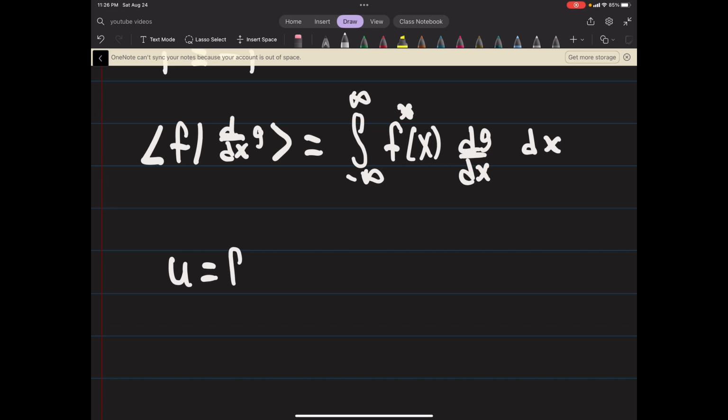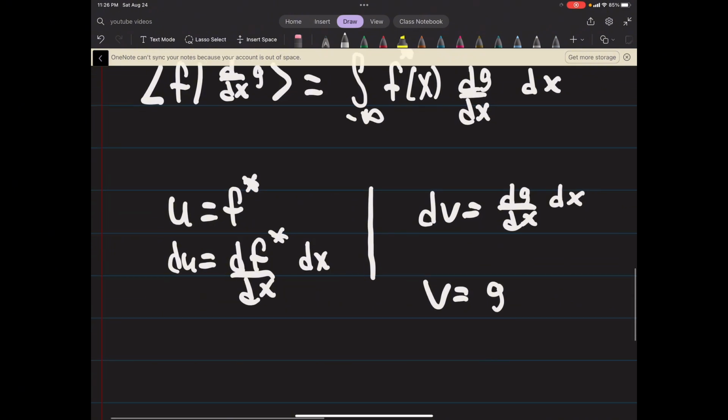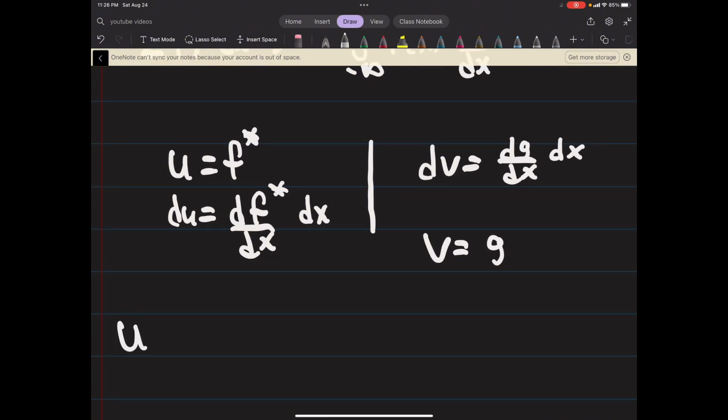We'll let u be F star and du be dF star over dx. On the other hand, we'll let dv be dG by dx, and integrating that, you just get your G of X. So integration by parts, remember, is uv minus the integral of v du.